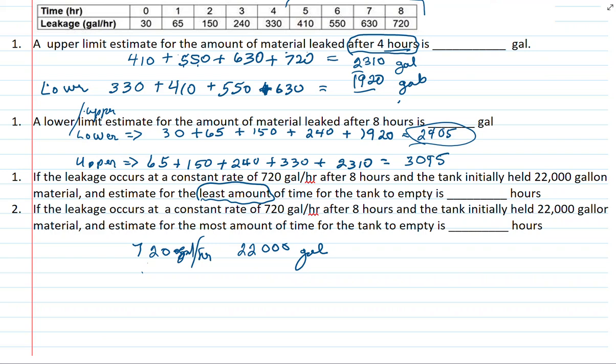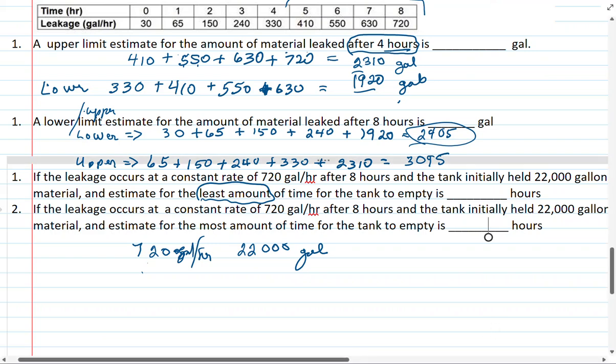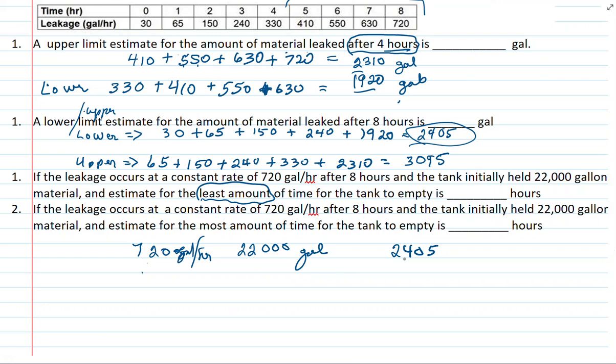So the least amount that we had was what? Well, we have used this amount that we know of that we've lost, and add to that the rate by the hour has to give us how many total gallons. There you go.